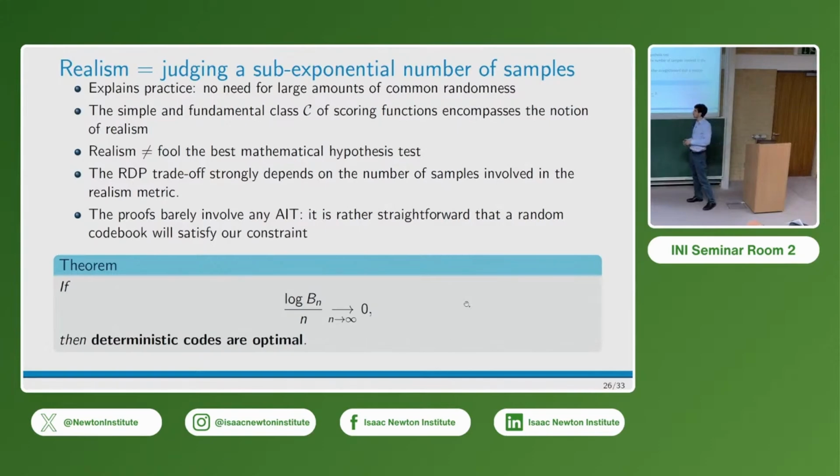We don't need it to be able to fool the best mathematical hypothesis tester. Maybe the important point we saw is that the notion of realism really depends on how many samples you look at. If you look at an extremely large number of samples, you're talking about a very different notion of realism. When you look at a single sample and you ask whether it's realistic, it's a completely different notion.